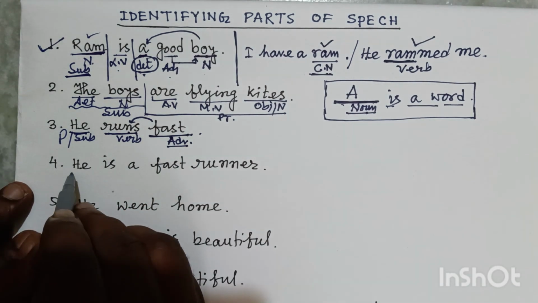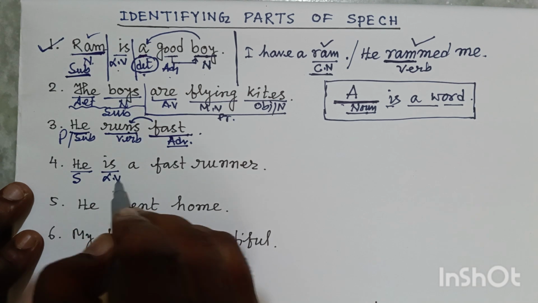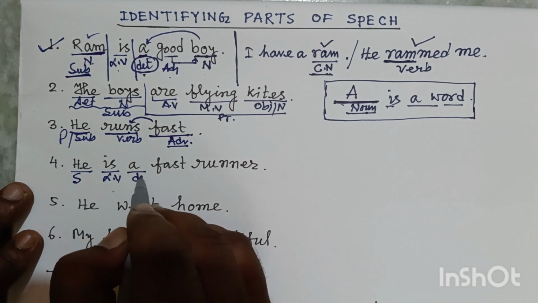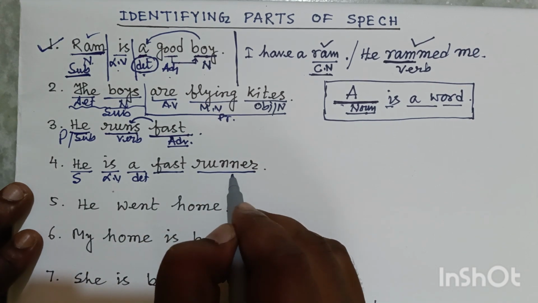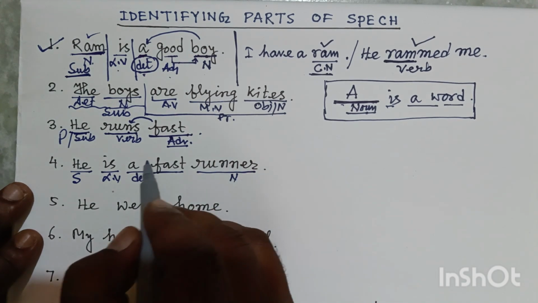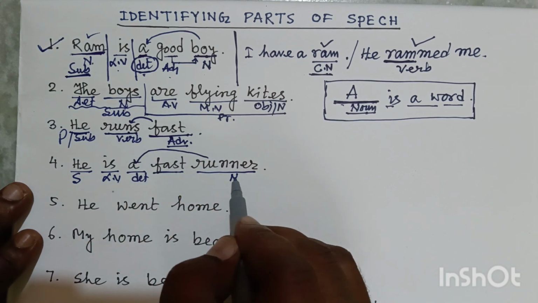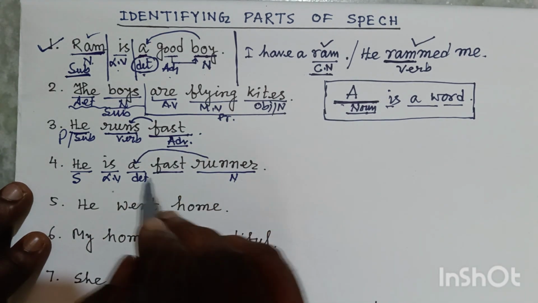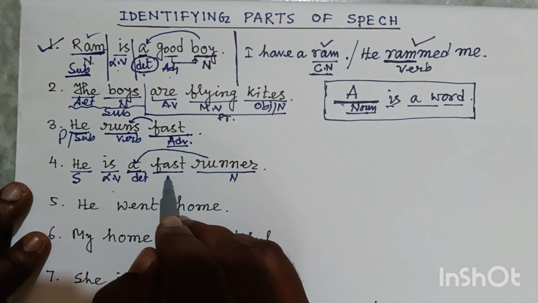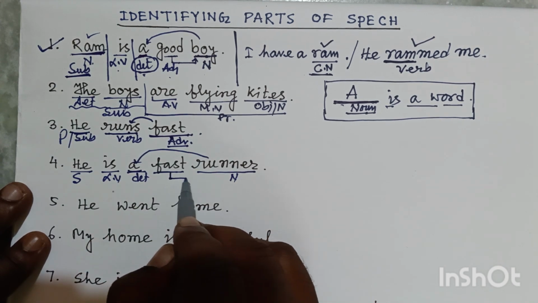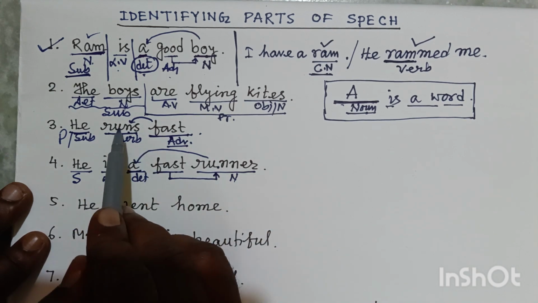Now look at this sentence. He is the subject. Is here is the linking verb. A is the determiner. Think about this first. This runner is the noun, and this is the determiner of this noun. As it is singular, we have used a determiner. And this term first is saying something about this runner. Here the runner is first.